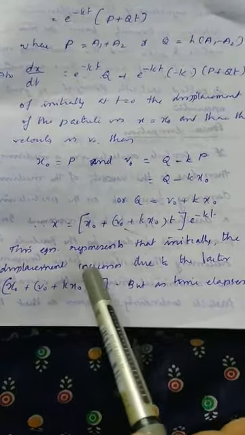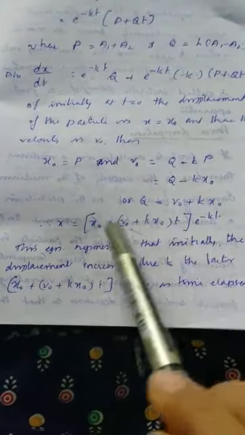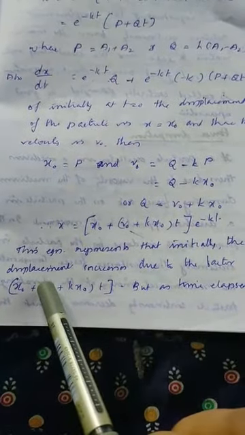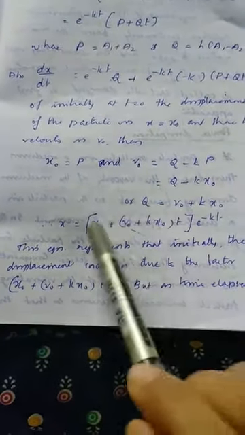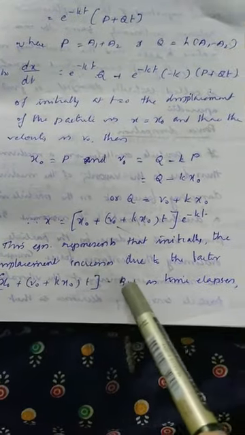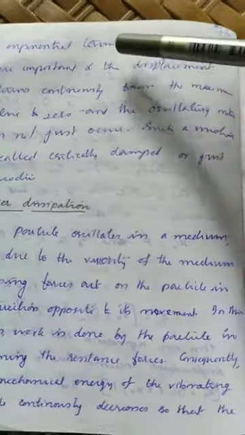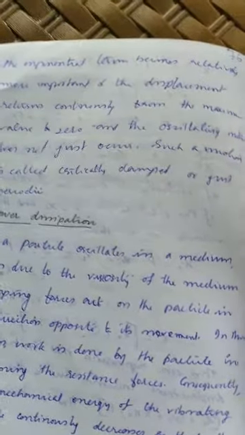So this equation represents that initially the displacement increases due to this factor, because this is a linear term, which means x is proportional to t. So as time increases, the displacement or its amplitude increases. But as time elapses, the exponential term becomes relatively more important, because that term is e to the power minus kt.